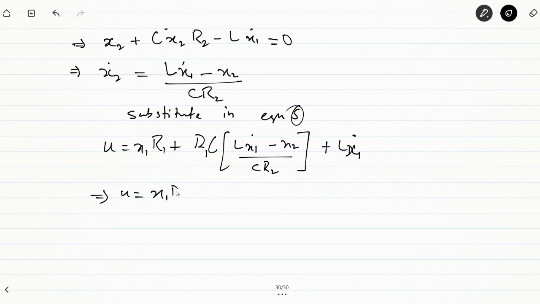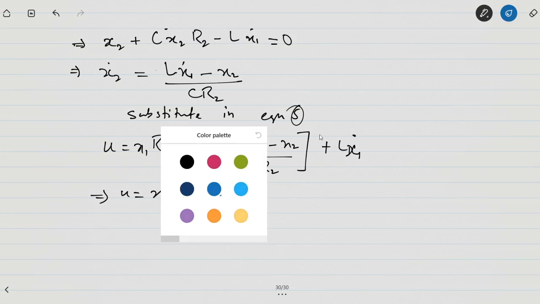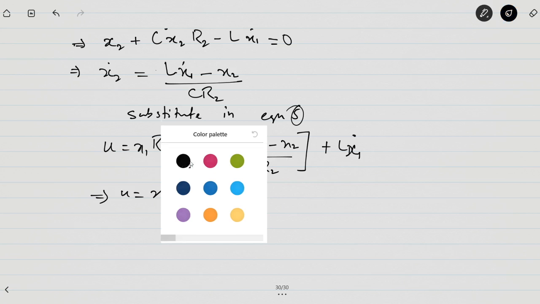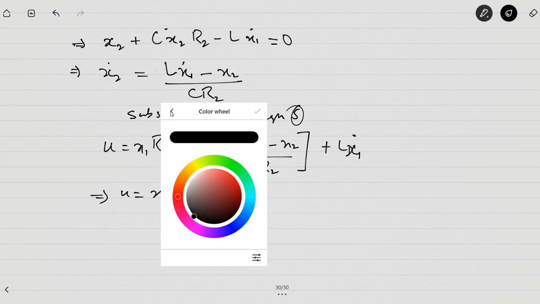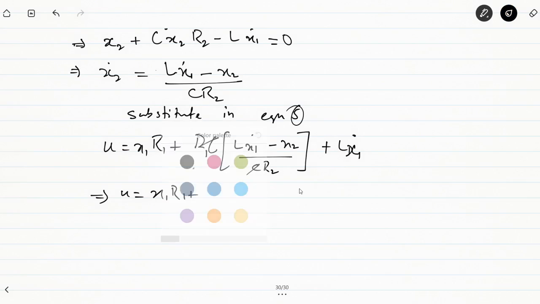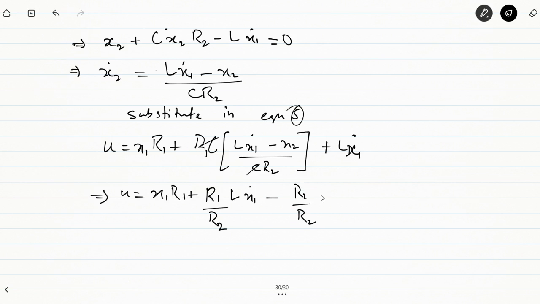Solving this equation: x1 R1 plus, C और C cancel हो गया. You have R1 divided by R2 times L x1 dot minus R1 divided by R2 times x2, plus L x1 dot. तो यहाँ से हमें x1 dot निकालना है.